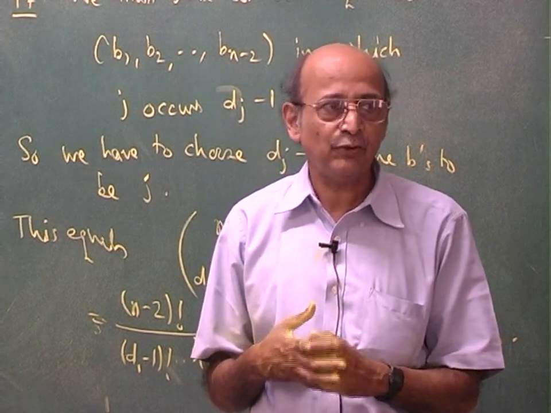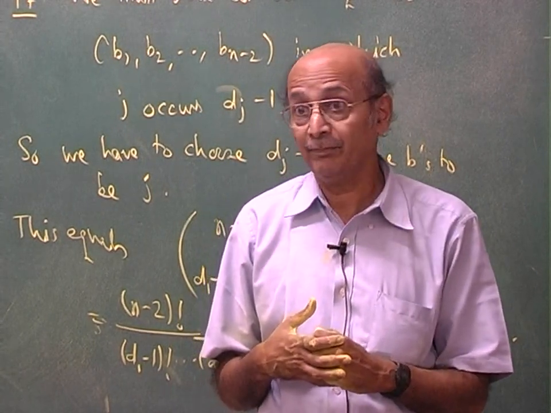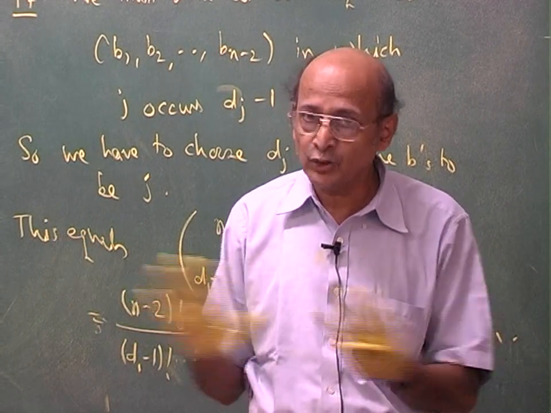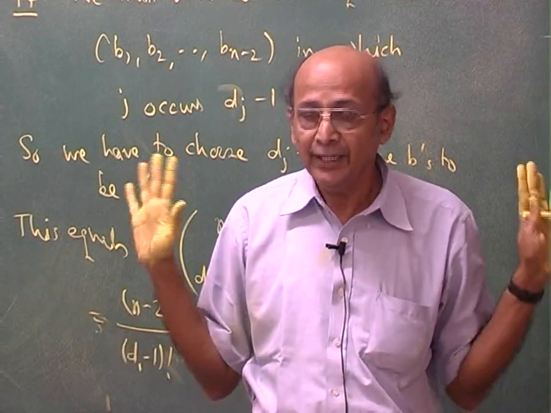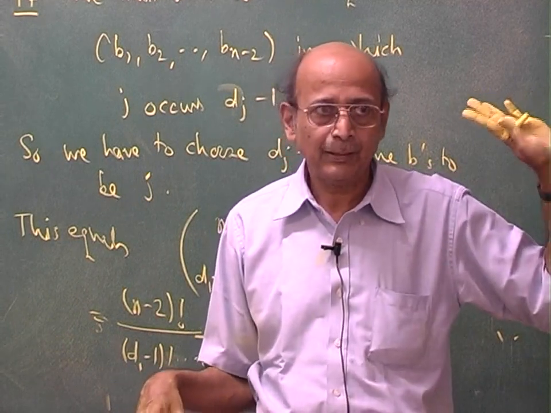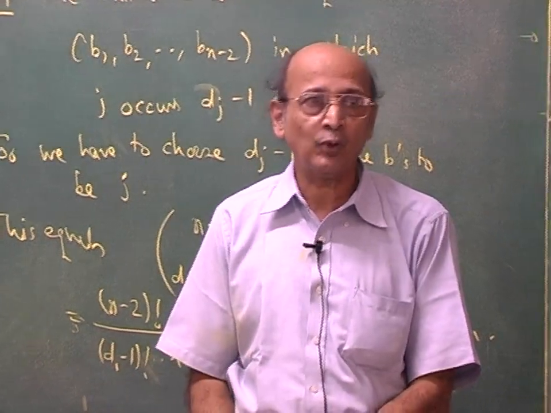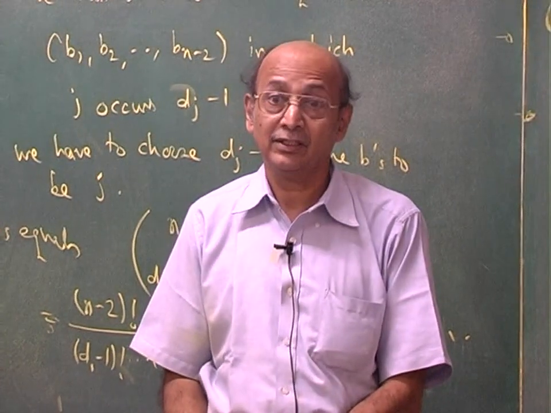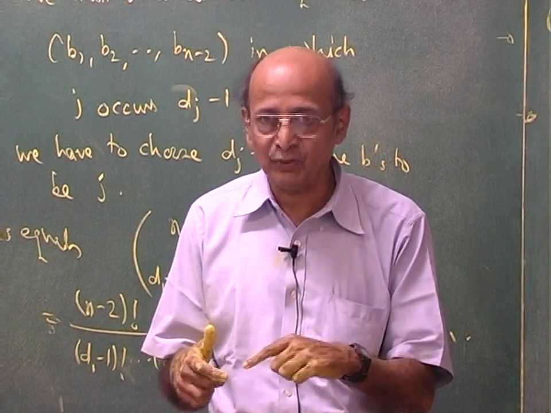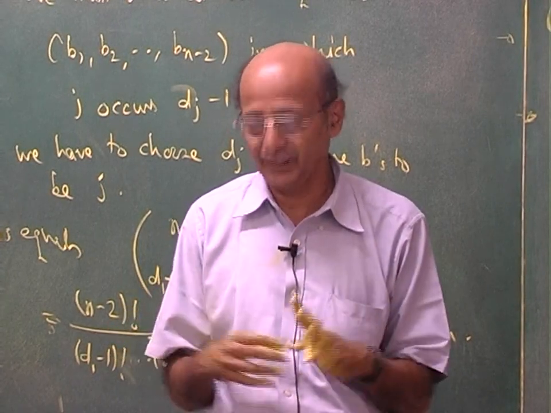If j is a leaf, then j does not occur in the Prüfer code at all. Anything that is a leaf is not to be found in the Prüfer code. That means the Prüfer code that you construct is actually on the remaining n minus 1 numbers.